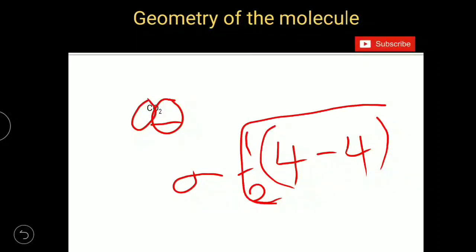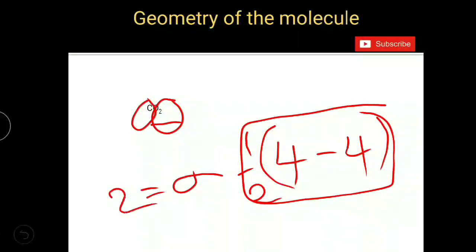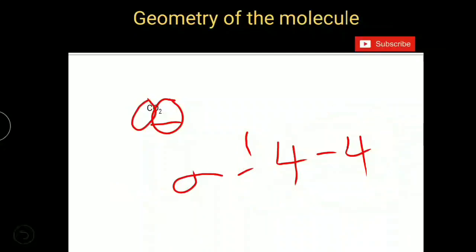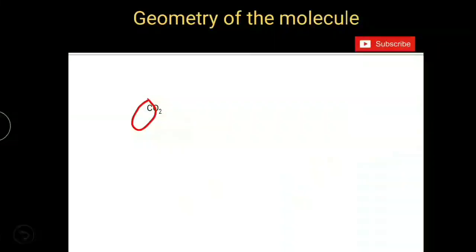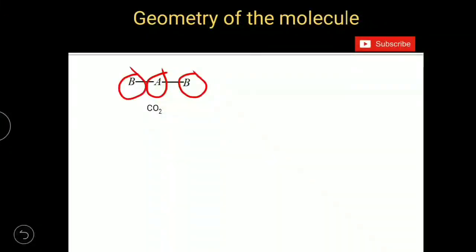Number of lone pairs 0 and number of sigma bonds is equal to 2. So steric number is 2 without lone pairs. So the shape of CO2 is linear. Here I have considered carbon atom as A and oxygen atoms as B.